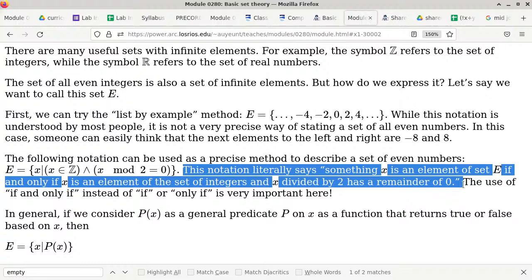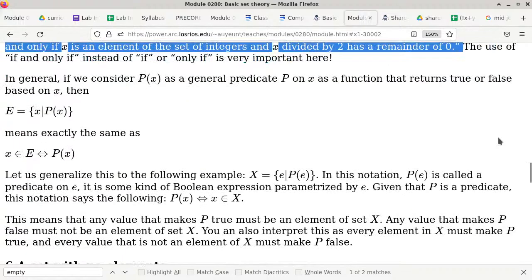Right. So okay. I know we are out of time in today's lecture, but I do want to show you just a few lines down. So this notation, now P is what we call a predicate. In other words, it's really just a function that returns a Boolean. So this notation is exactly the same as this notation, which basically means this is just a condition to say whether x should be a member of E or not.